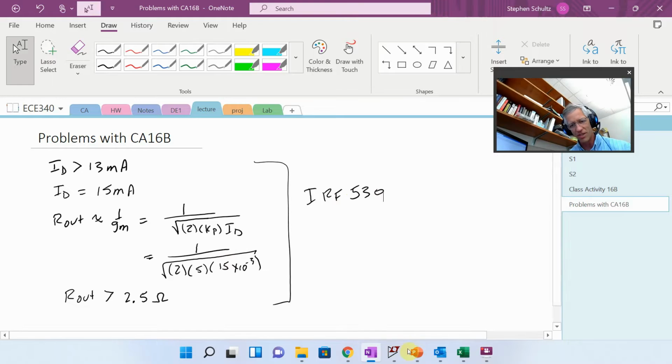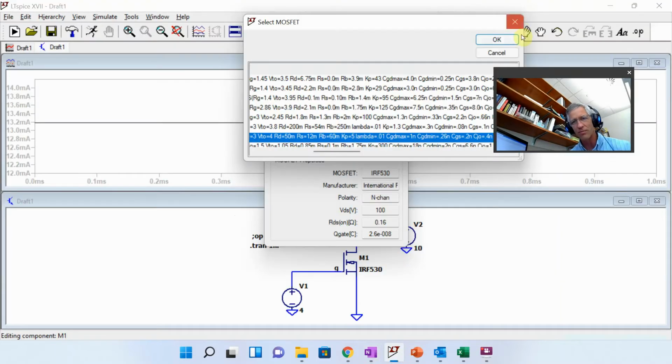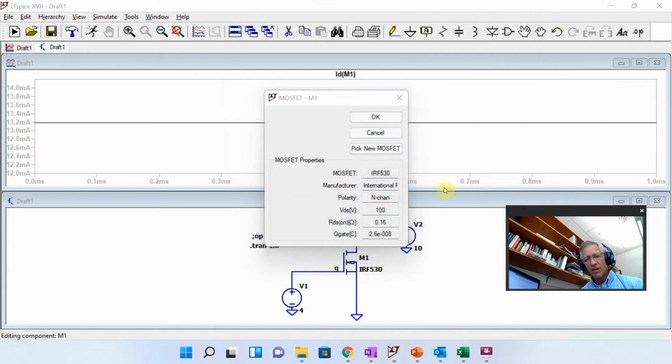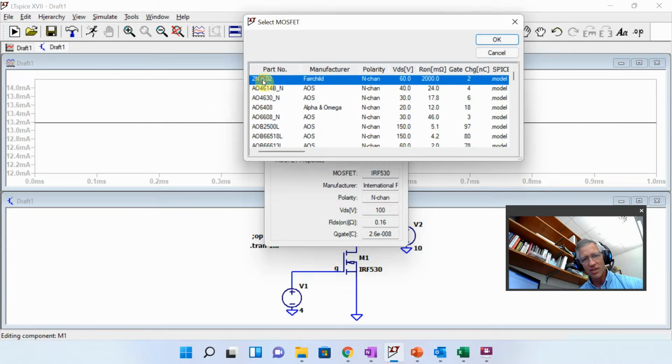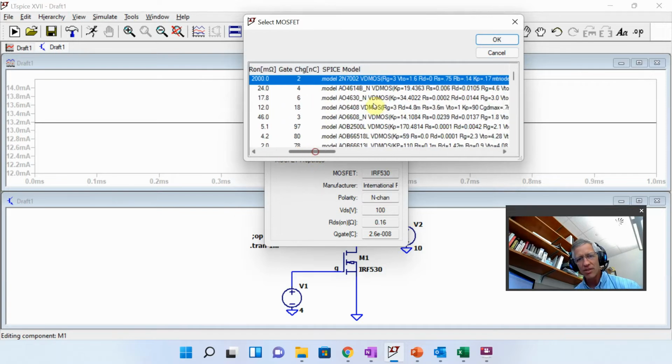So let's do this for a smaller transistor. If I look right here, you see this is a transistor with a high Kp. So we're going to pick a smaller transistor, the other one. This is like the ones we're using in the lab, the 2N7002. In this case, you see it has a threshold of 1.6 volts.